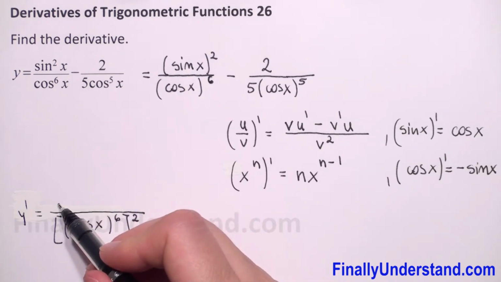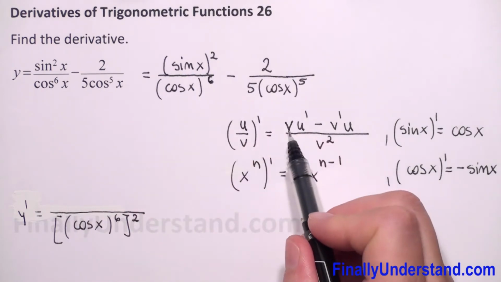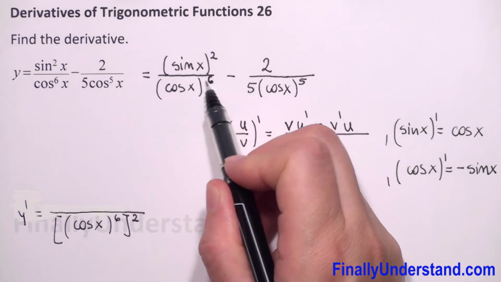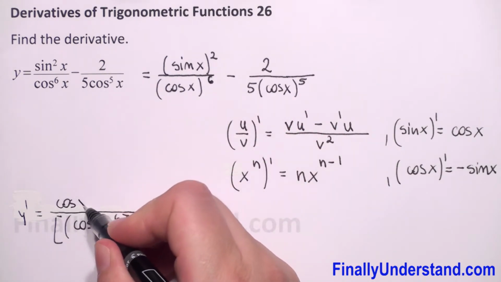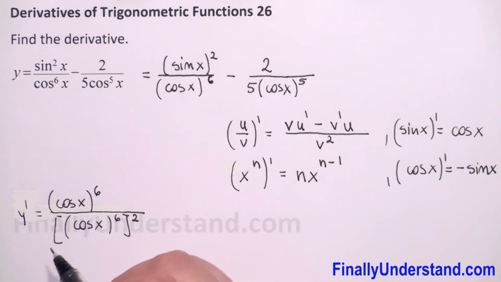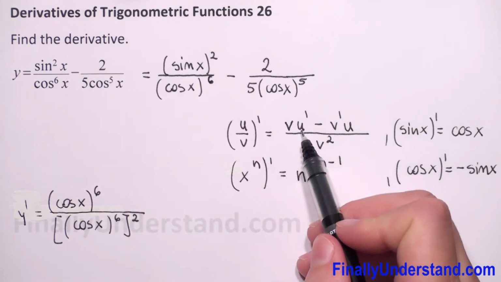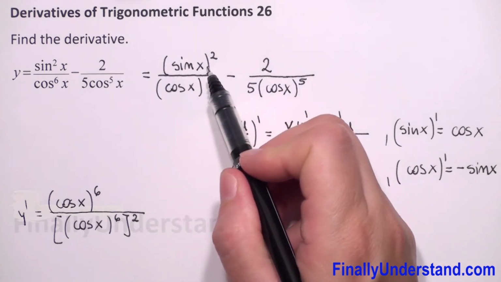In the numerator, first we just copy v, the denominator, so it will be cosine of x to power 6 times the derivative of the numerator.